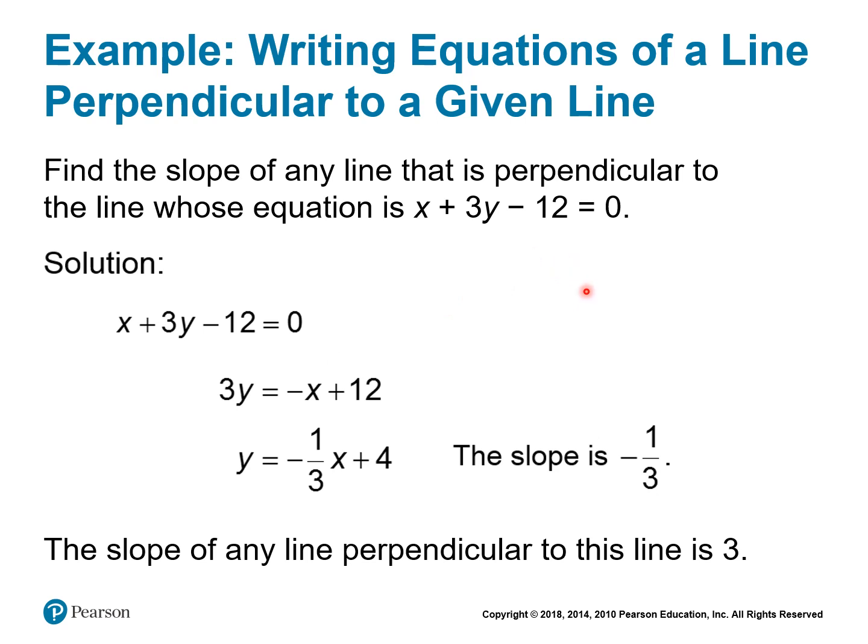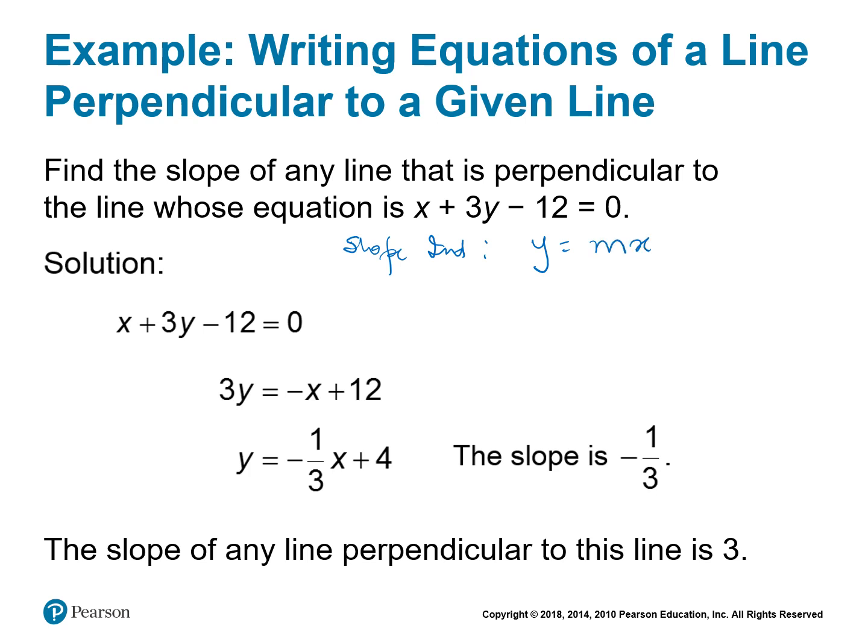Now, the best way to find the slope of a line is by putting the equation in slope-intercept form. So what is the slope-intercept form? The slope-intercept form is y equals mx plus b.